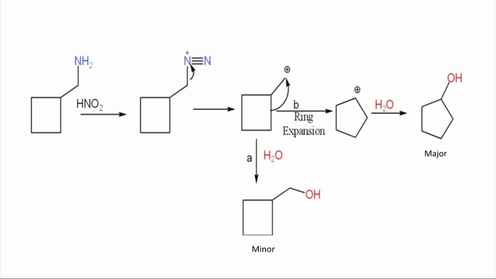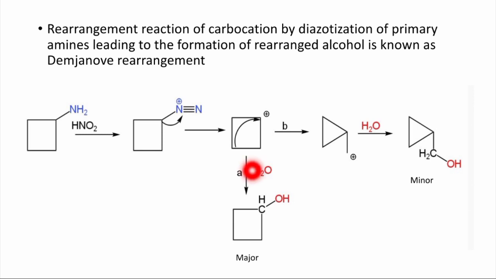Okay, so one thing you should keep in your mind is that when the carbocation is exocyclic, meaning outside the ring, ring expansion will take place. When the carbocation is outside the ring, ring expansion will take place, and when the carbocation is on the ring, like in our first example here, that is endocyclic, then ring contraction takes place.